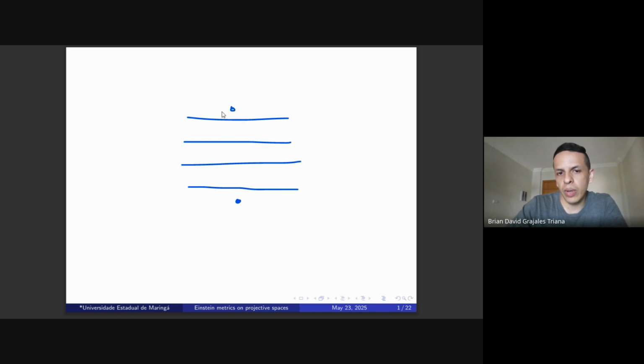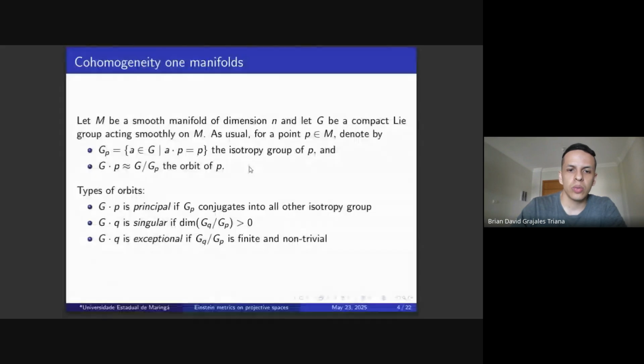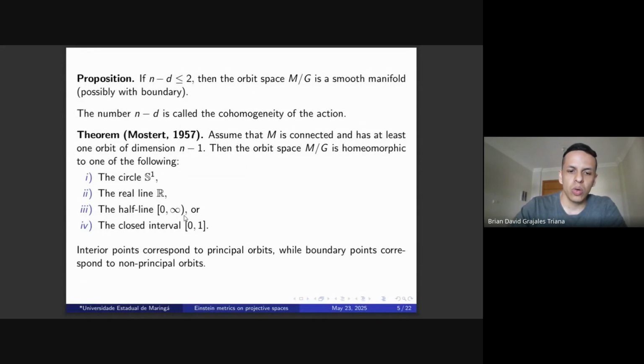So when we have an action with this behavior, the orbit space in this case would be a closed interval. This is the 0 of the interval, the 1 of the interval, and the interior of the interval corresponds to all the principal orbits. So in all cases, the interior points correspond to principal orbits, while boundary points correspond to non-principal orbits. They could be singular or exceptional orbits.